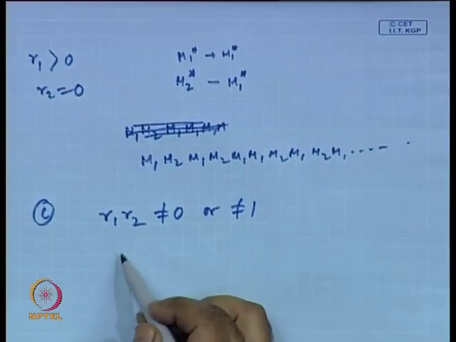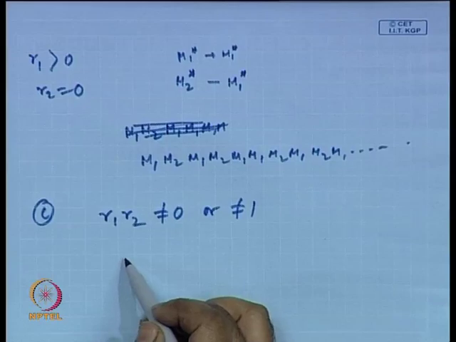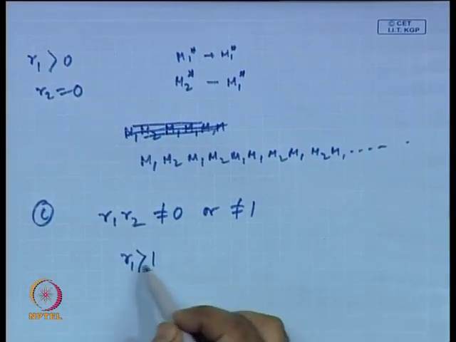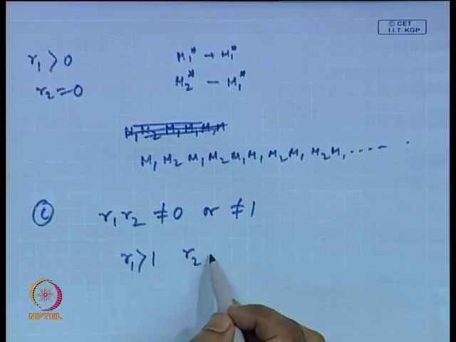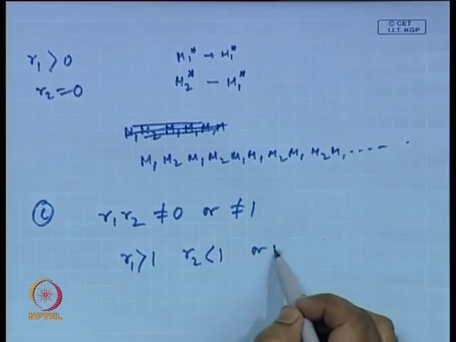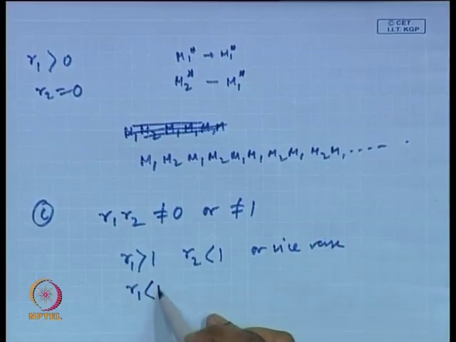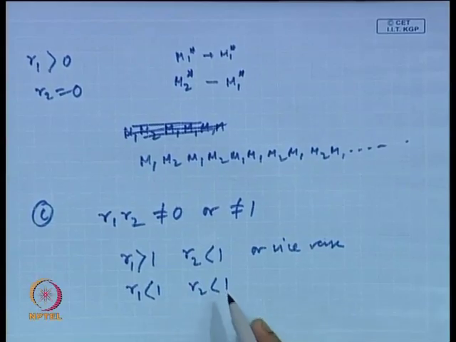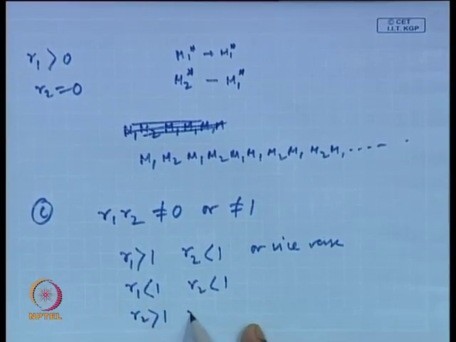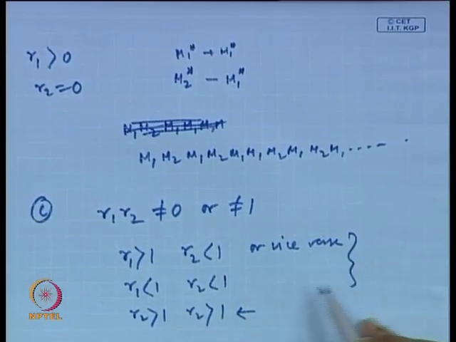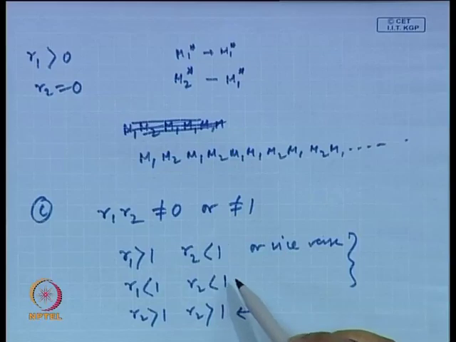Now, you can have situations like R1 greater than 1 and R2 less than 1, or vice versa, or R1 less than 1, R2 less than 1, or R1 greater than 1, R2 greater than 1. These are the 3 possibilities. The last does not happen very often practically, but these 2 are very common in practice.